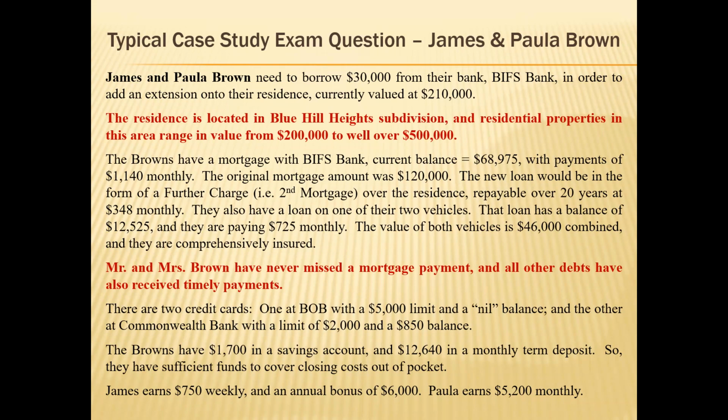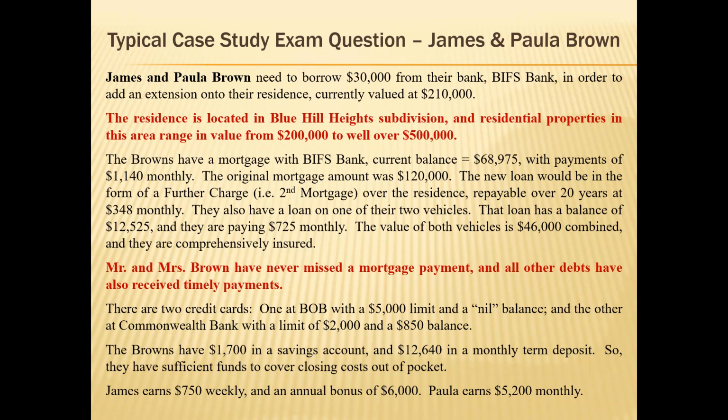So we're being told about their credit history, which speaks to their character. Okay, the 2 credit cards, one at Bank of the Bahamas and one at Commonwealth Bank. They have $1,700 in savings, 12 odd thousand in monthly term deposit. So they have sufficient funds to cover the closing costs out of pocket.